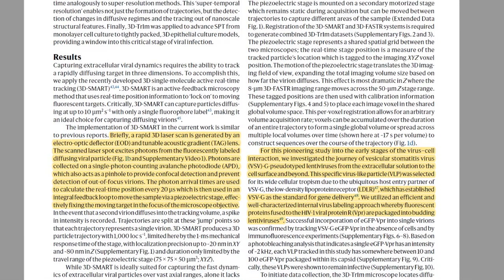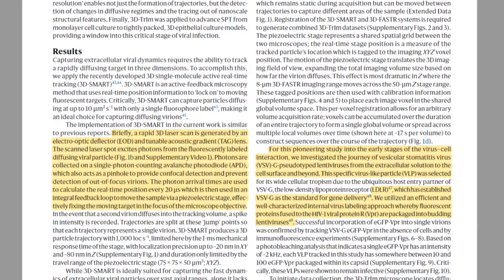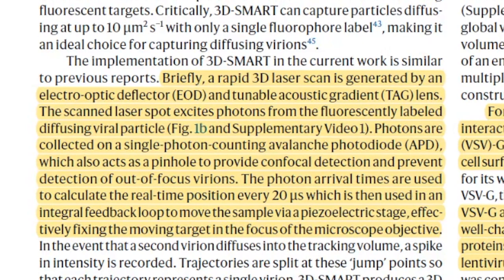So I'm going to go now a little bit further in the paper to the results section where it actually describes some of the methods. But I thought that it was written more simply in this section than in the methods section, so I use this for teaching purposes. So in the left column, we can see it states in the highlighted portion, briefly, a rapid 3D laser scan is generated by an electro-optic deflector and tunable acoustic gradient lens.